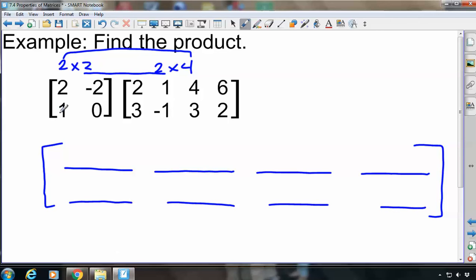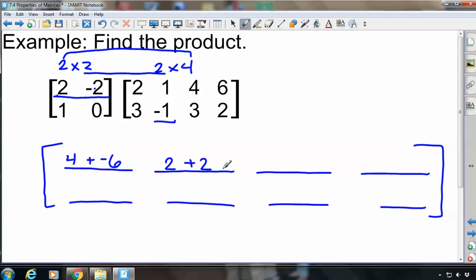Okay, so we multiply rows by columns. So this is the number in row 1, column 1, so you take row 1 times column 1. 2 times 2 is 4, negative 2 times 3 is negative 6. Row 1, column 2. So 2 times 1 is 2.